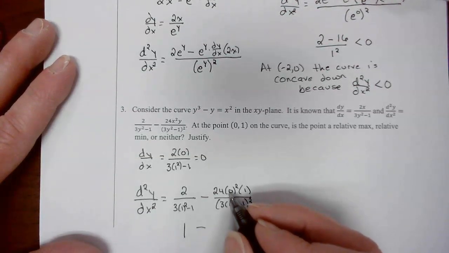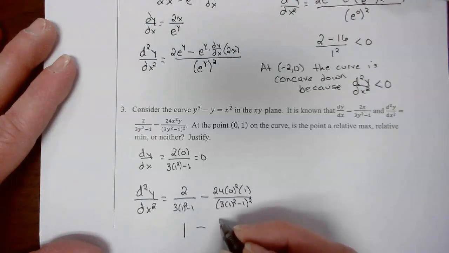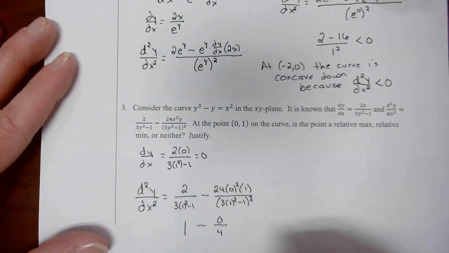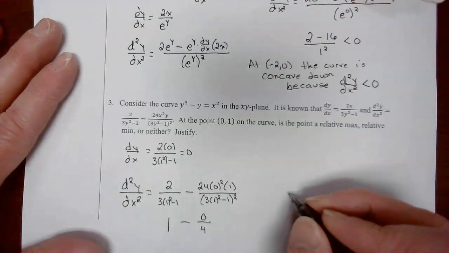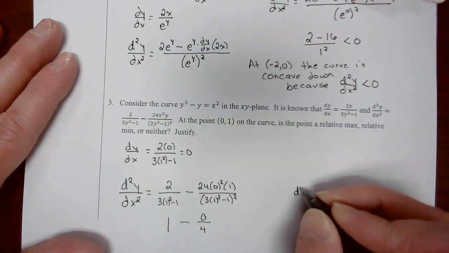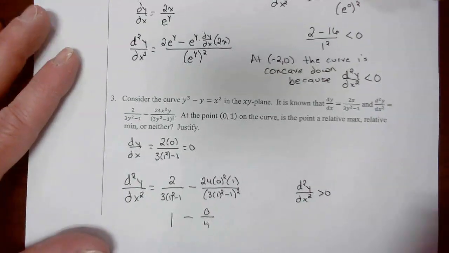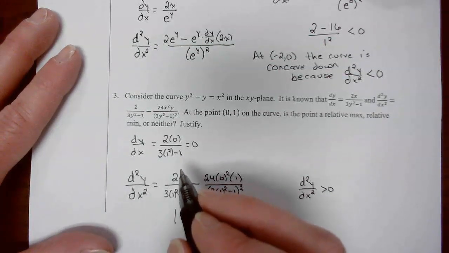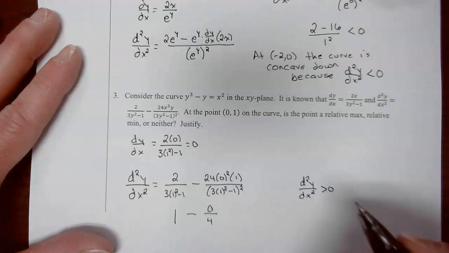Now the numerator would be 0 because 0 times anything would be 0. So that's just 0 divided by 2 squared, divided by 4. So I just get a 1. So the second derivative is greater than 0. So I know it's a critical value, the derivative is 0, and the second derivative is greater than 0. So that is concave up.